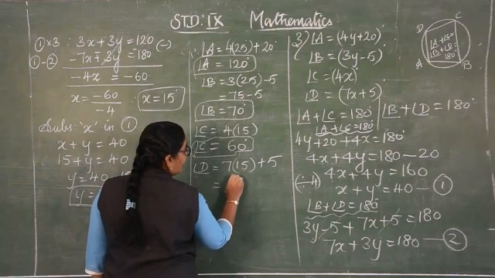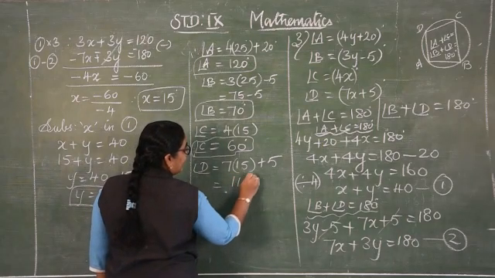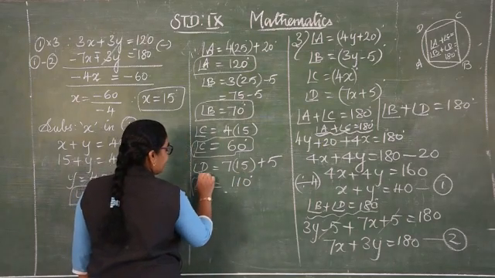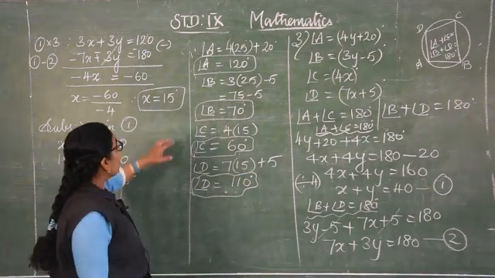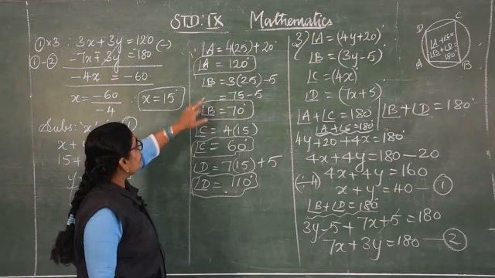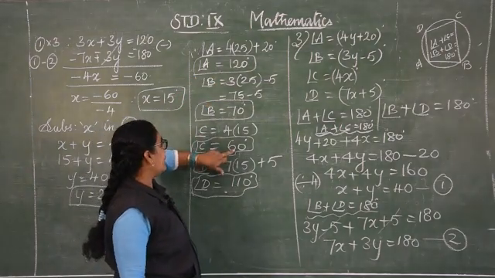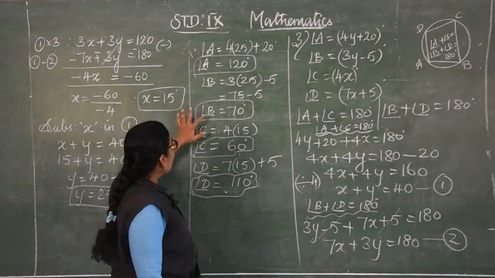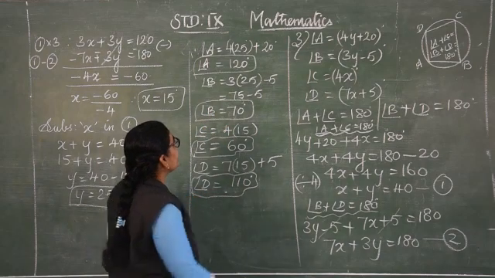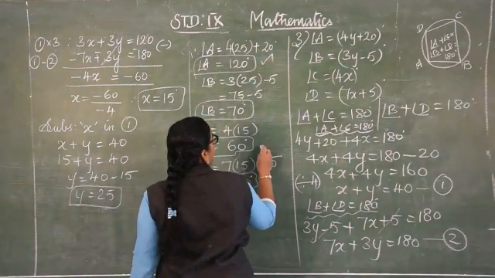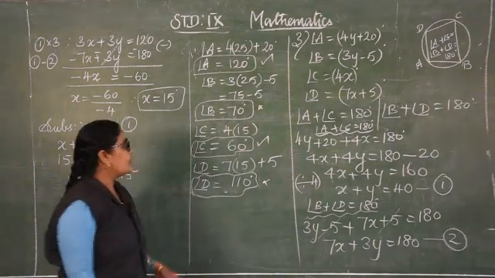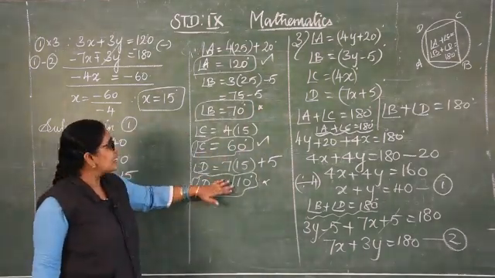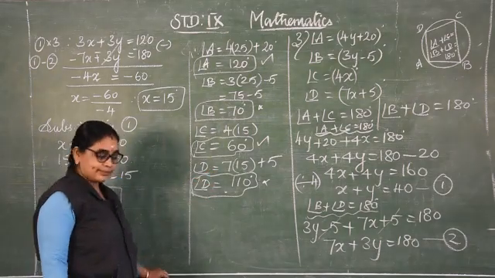So 7 fives are 35, 105 plus 5, 110 degrees, measure of angle D. Now you can verify by doing the calculation A plus C, 120 plus 60 is 180 degrees. B and D, 70 plus 110 is equal to 180 degrees. Like this we will be concluding your third sum.